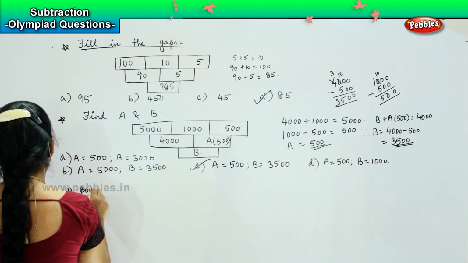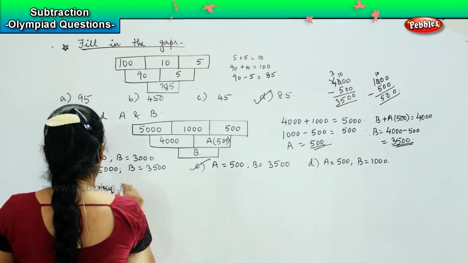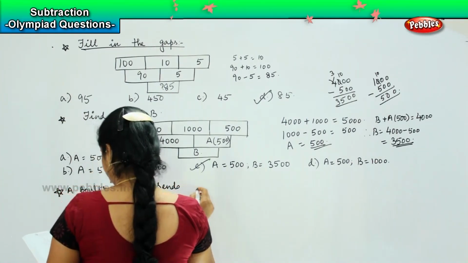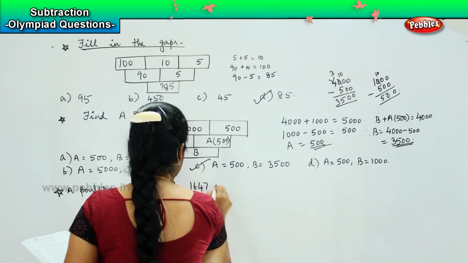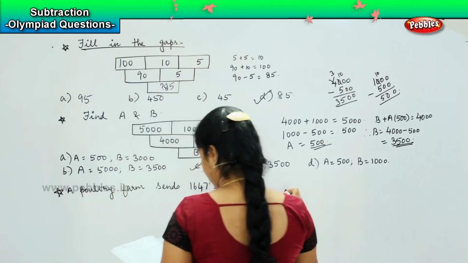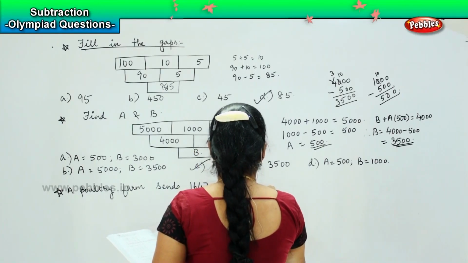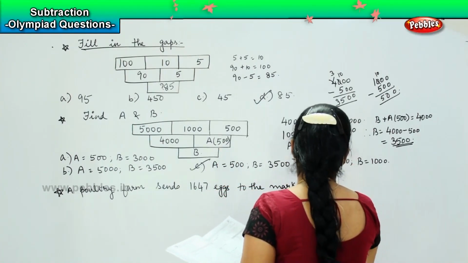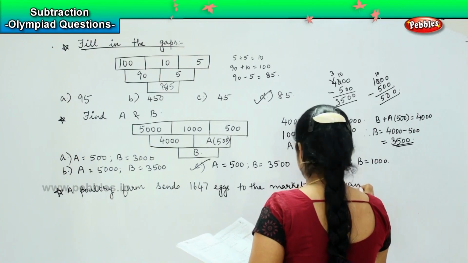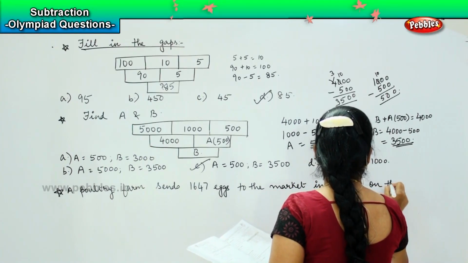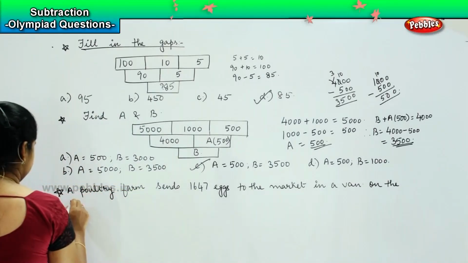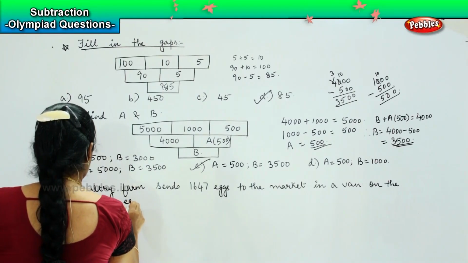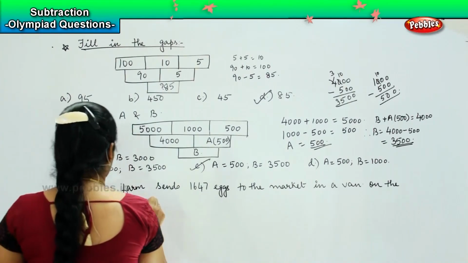A poultry farm sends 1647 eggs to the market in a van. On the way, 234 eggs broke.